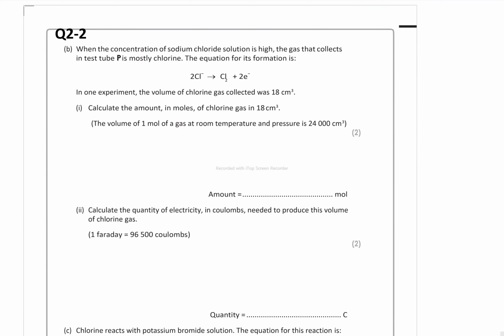Right, when the concentration is high, what happens? I don't know. Let's have a look. They normally give you that. They'll either put 24,000 centimetre cubed or 24 decimetre cubed.